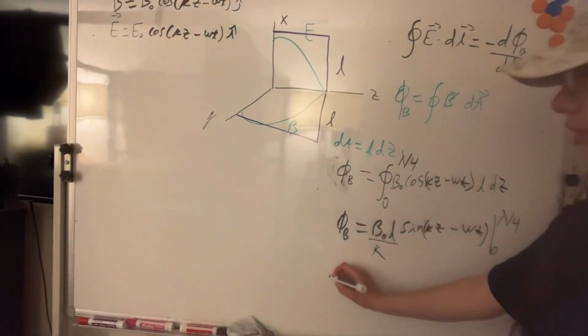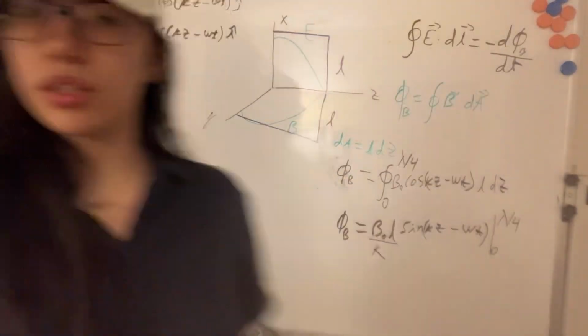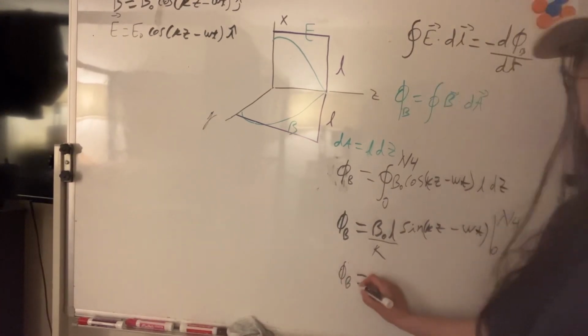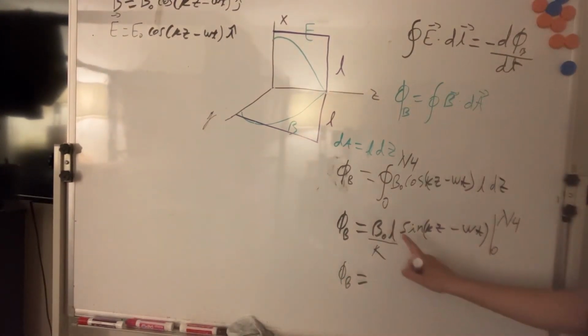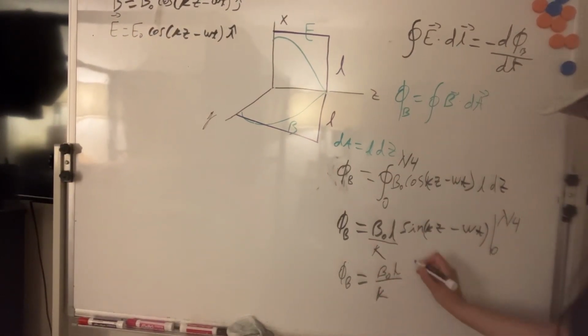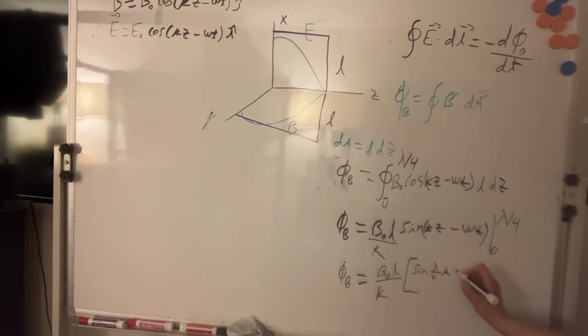I don't know if this still shows on the blackboard, I think so. So the magnetic flux is equal to B0 L over k times, first I have sine of lambda over 4 times k minus omega t, and then minus sine of, here is 0, so I will just put minus omega t.